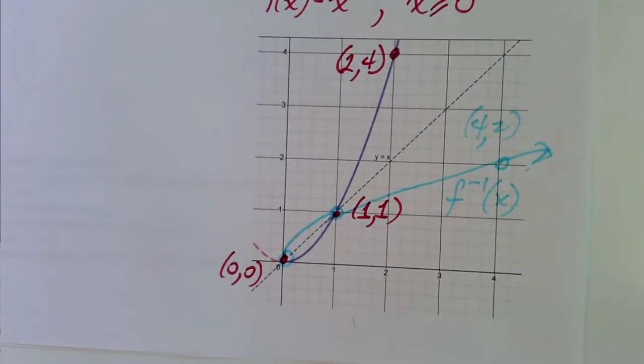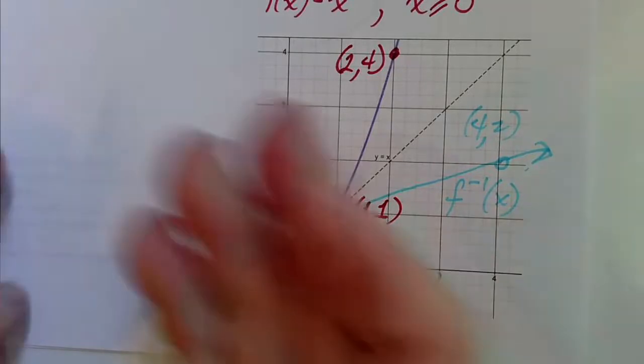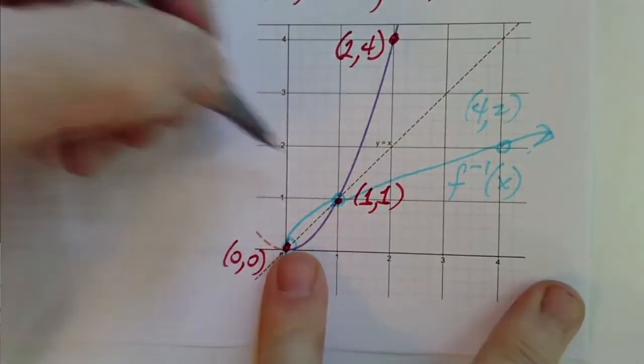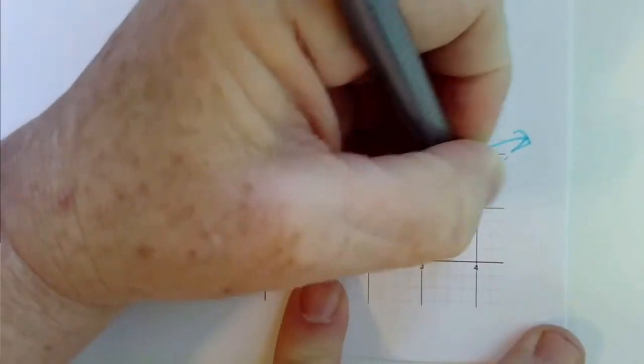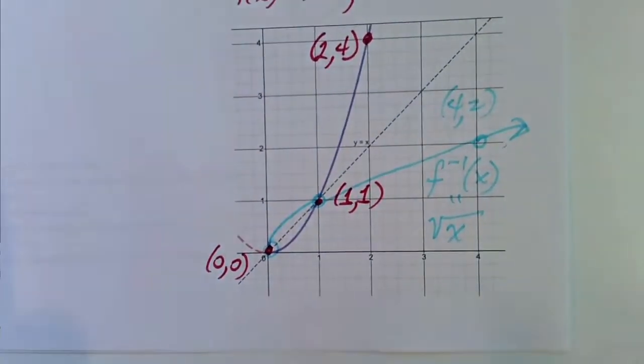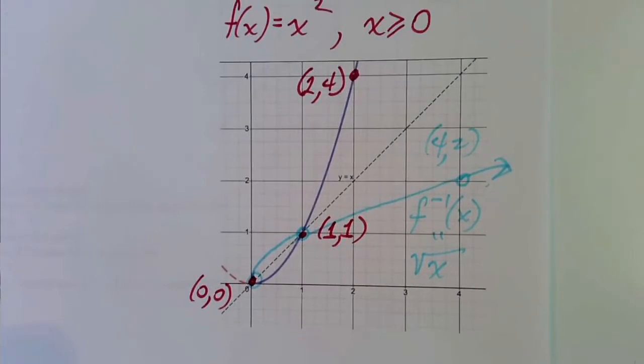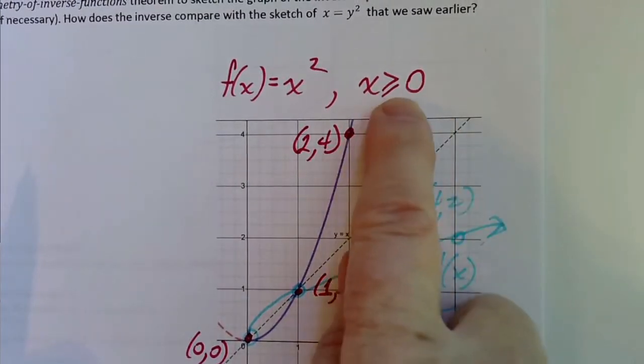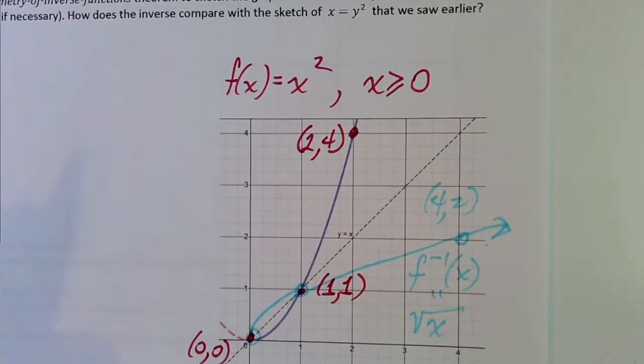So even if I didn't know what that function was, I can draw its inverse and I can use it. We do, though, know that here f inverse is the square root of x. And that makes sense because square root and square undo each other. So the domain restriction is really important in allowing that to happen.